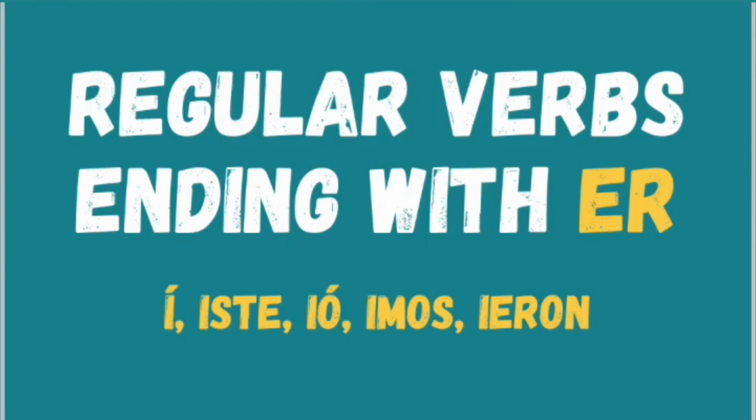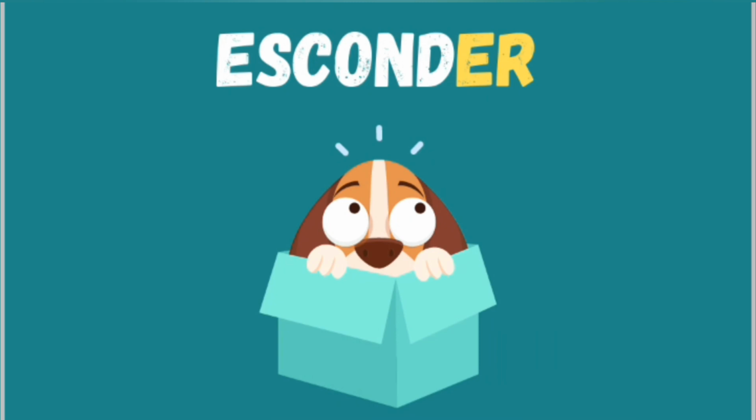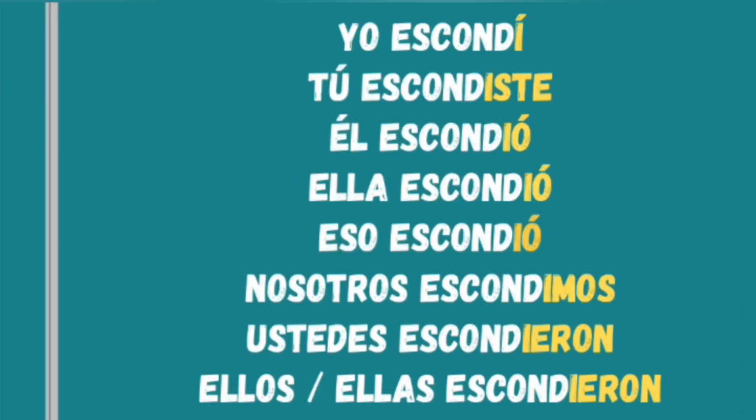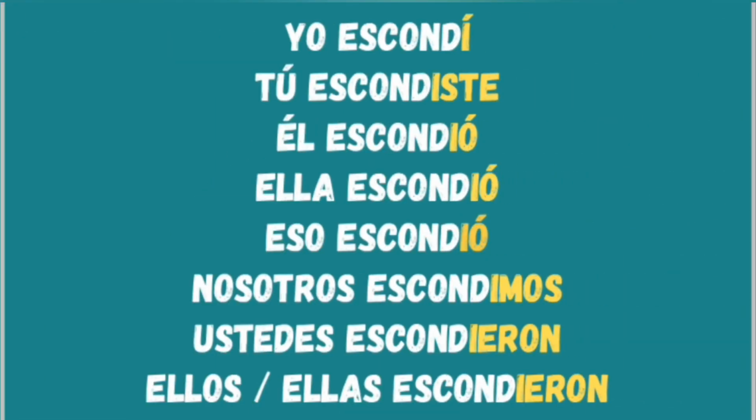Let's see some verbs ending with er, regular verbs, so you would understand this better, okay? So we have this verb, to hide. To hide in Spanish means esconder. Esconder, okay? So let's see how we're going to conjugate this in the indefinite past, okay?